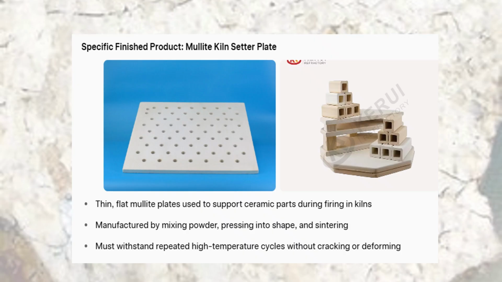Now, let's look at a specific finished product, the Mullite kiln setter plate. These thin, flat plates are used in industrial kilns to support other ceramic wares while they're being fired at high temperatures.